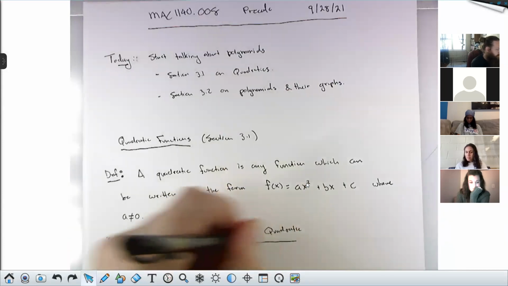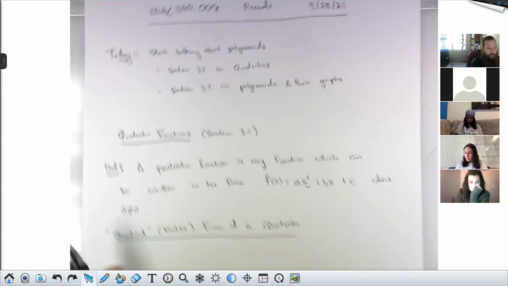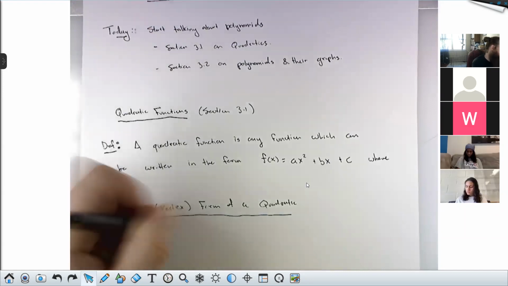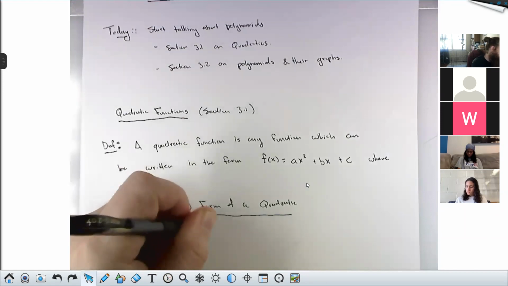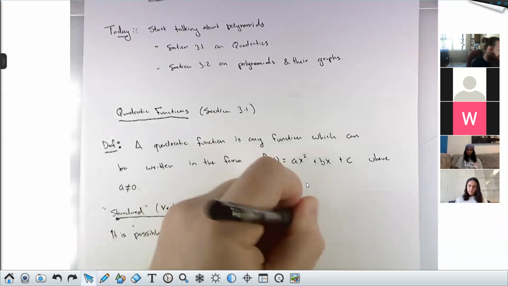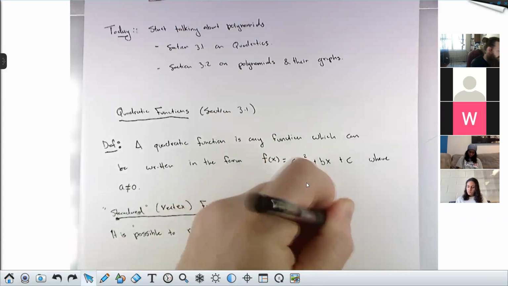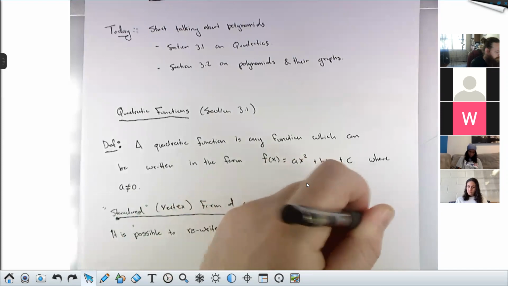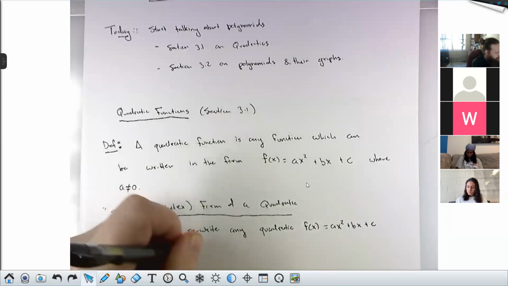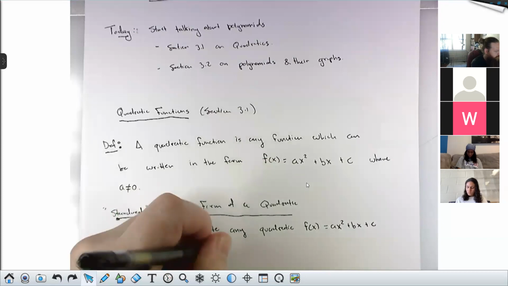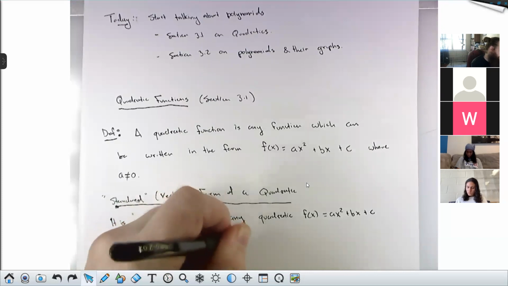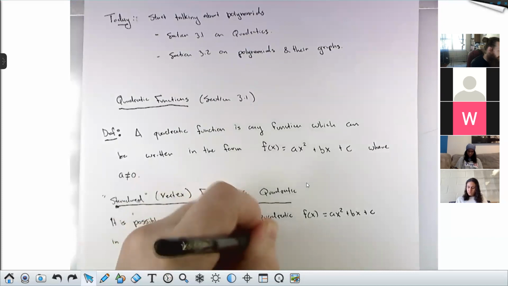So you can take an expression of the sort that I've given you here and rewrite any quadratic ax squared plus bx plus c in the form f of x equals a, where this a is the same as this a, times parentheses x minus h squared plus k.